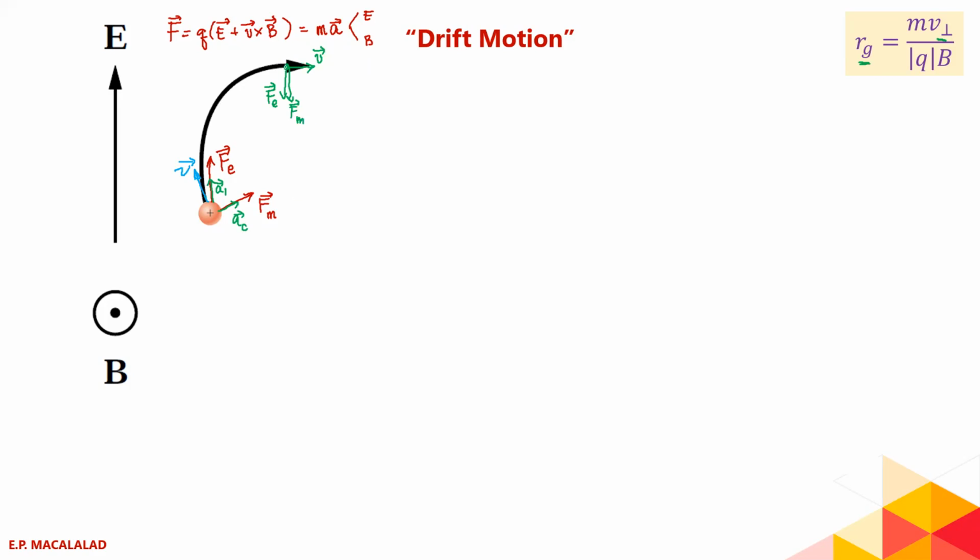So this will start to move downward, like this one. The velocity in this case will be downward. The magnetic force will still be opposite the direction. But because this is a positive test charge, sorry about that, my physics is wrong. The electric force would always be upward because the electric field is always upward.